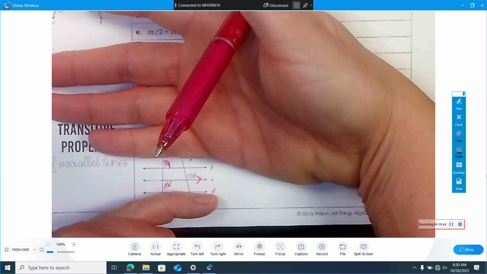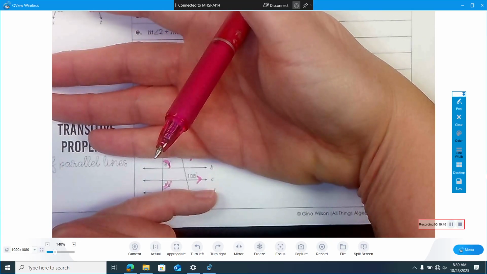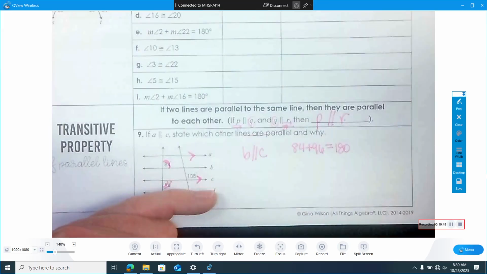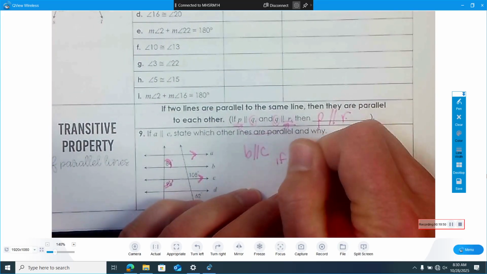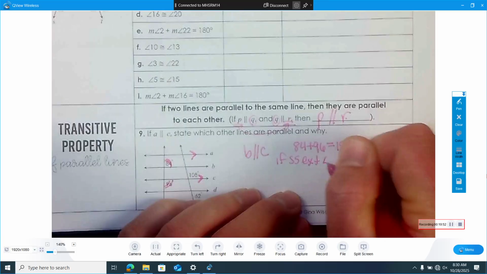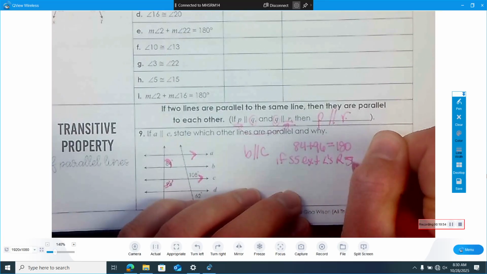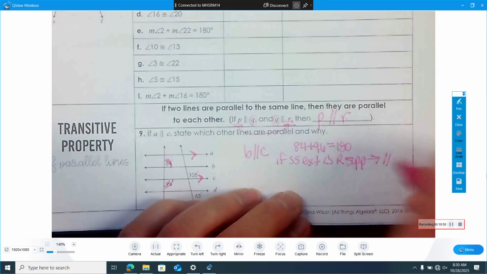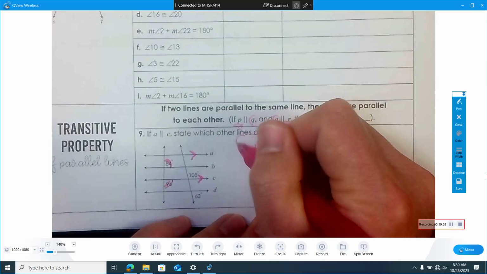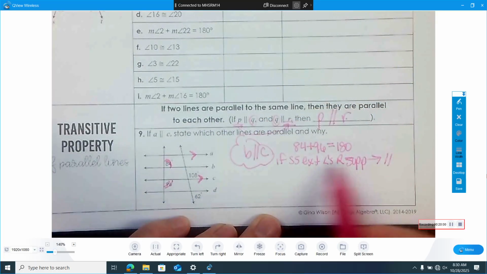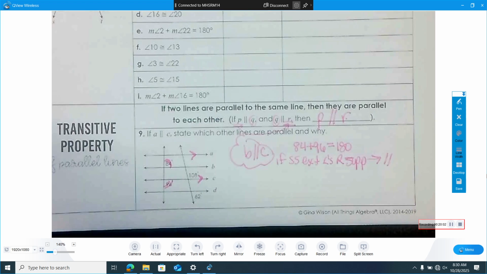They're same side exterior, yes. If same side exterior angles are supplementary, then we do have parallel lines. So you were right, B is parallel to C, and it's because those two angles add to be 180 and they're same side exterior. Very good.